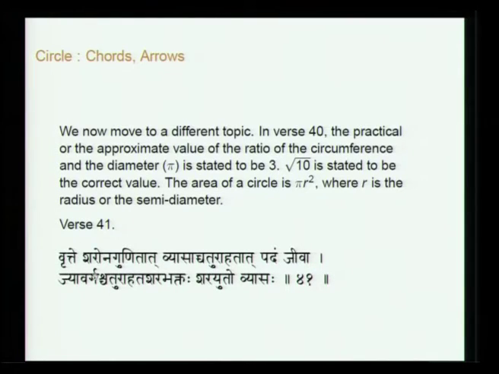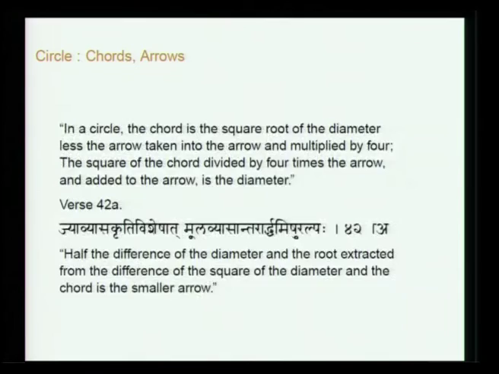So, now he will discuss some chords and arrows. Vrutte Sharona Gunitat Vyasat Chaturahatat Padam Jiva Javargas Chaturahata Sharabhaktaha Sharayuto Vyasaha. So, in a circle the chord is the square root of the diameter less the arrow taken into the arrow and multiplied by 4; the square of the chord divided by 4 times the arrow and added to the arrow is the diameter.